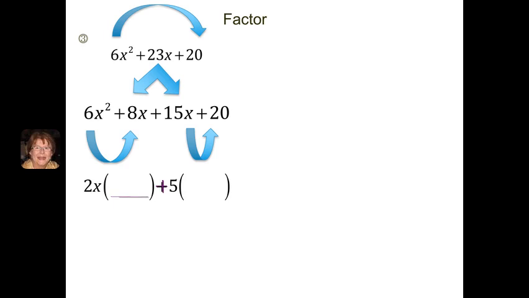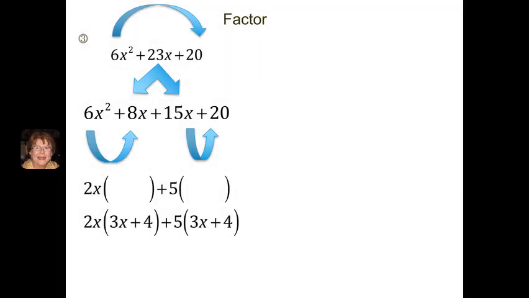How do we find what's in the brackets? We divide that GCF into each term of each group. In this case, if I divide 2x into 6x squared and 8x, that will give to me 3x plus 4.